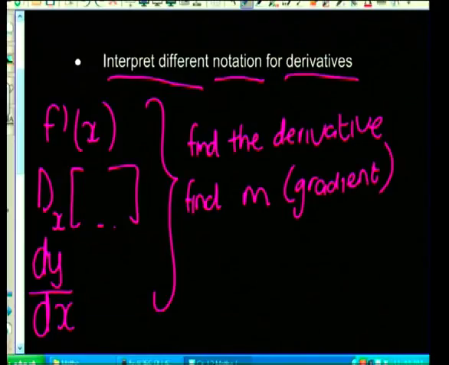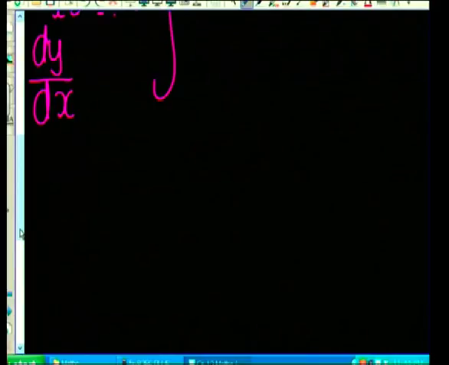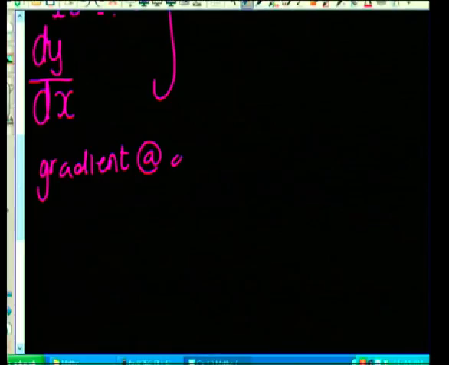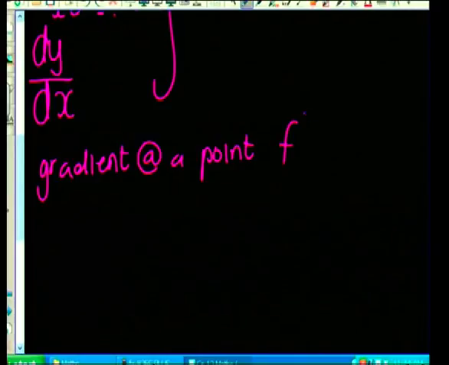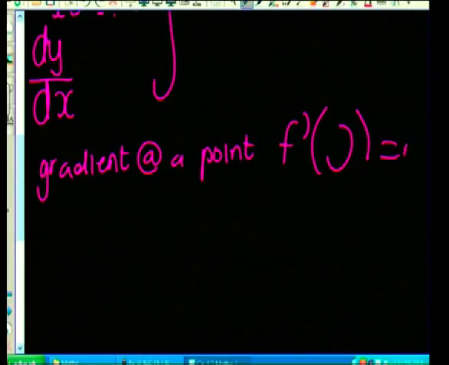Remember also we did two types of ways. We did gradient at a point, which is really find the derivative, substituting that point that they gave you, whatever it may be, and then finding your m, or your gradient. We also did average gradient.